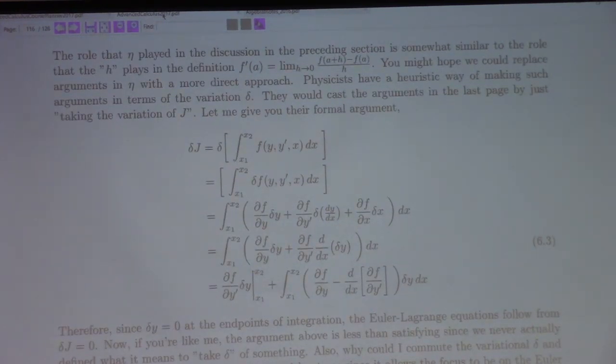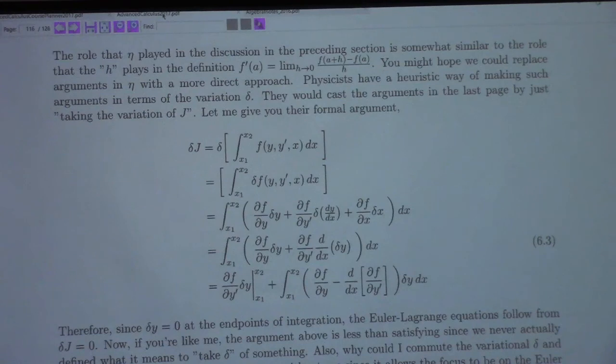Here would be the corresponding... let me just turn off the front ones. Come on, come on, submit. There we go. So they just take the variation of the functional. They say you take the delta of it.